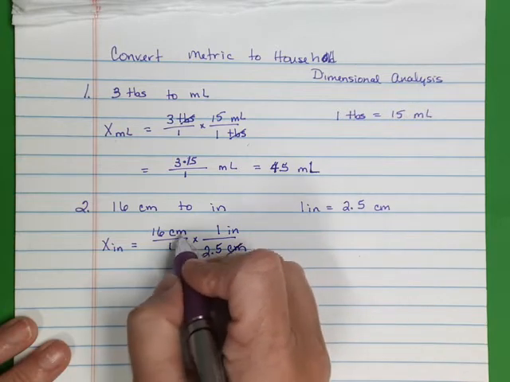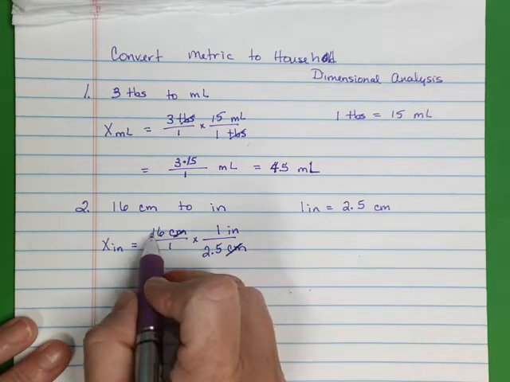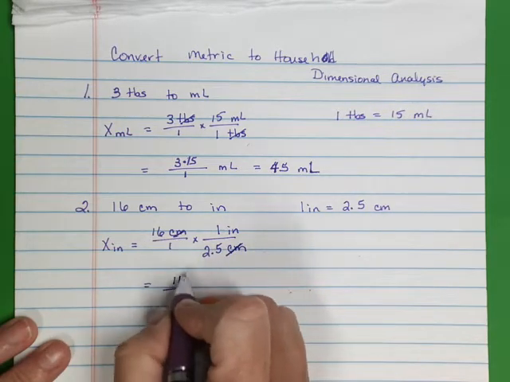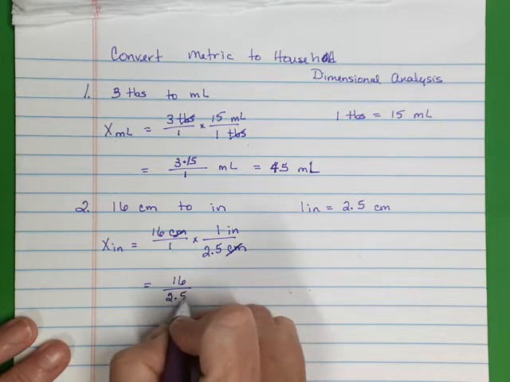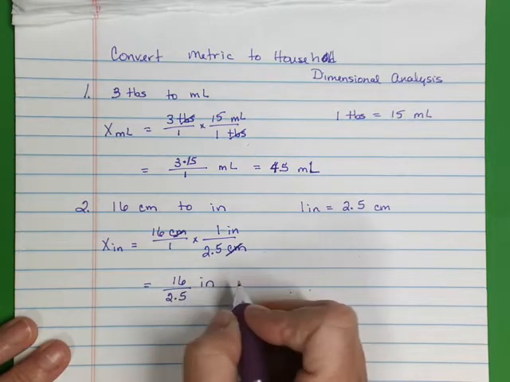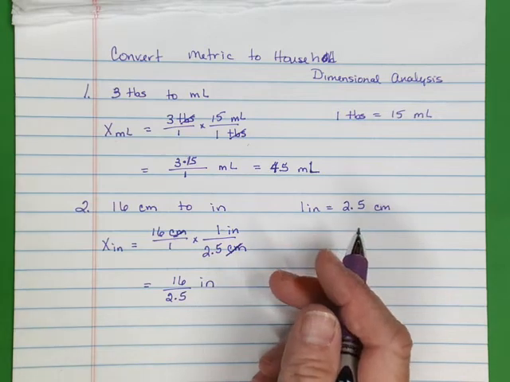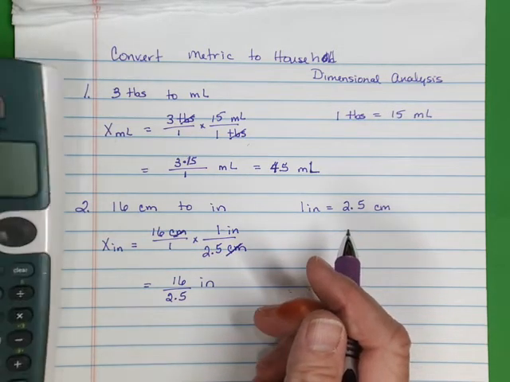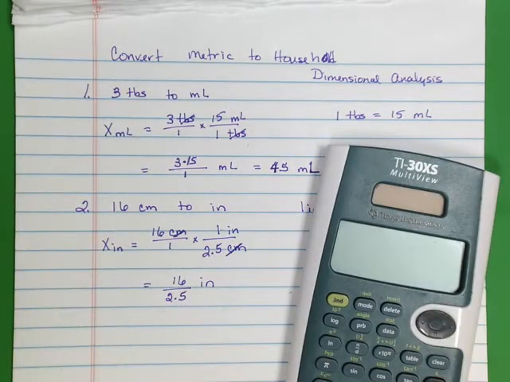Okay, so my centimeters cancel. I'm going to have 16 times 1, which is 16, and 1 times 2.5 is 2.5, and that gives me inches. I've got to divide it out, and in this part we can use our handy dandy calculators.